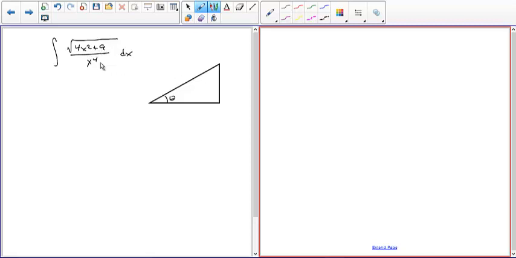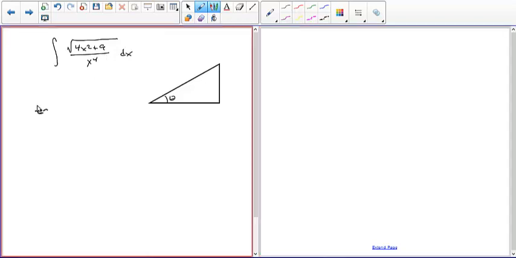Because we're adding stuff together, we're going to use the tangent, and the substitution we would make is tangent of theta equals 2x over 3, because if I square 2x, I'll get 4x squared. And remember, all this relates to the Pythagorean theorem.